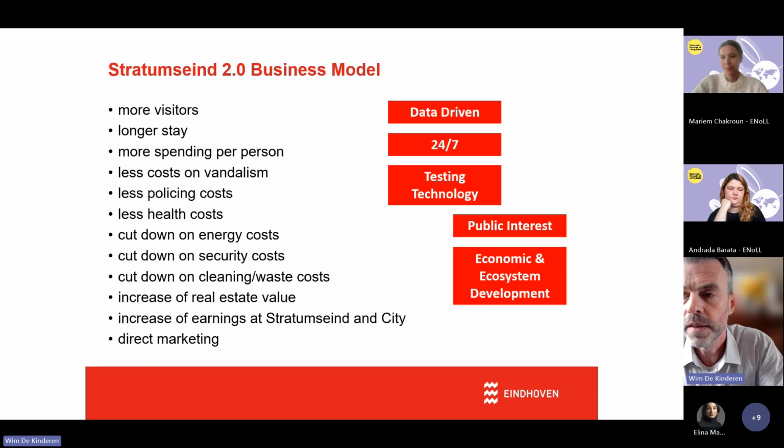We started very much, and continue to do so actually, by controlling is a bad word, but nudging behavior using sounds and lights. Eindhoven is very much Philips town, Philips lighting. So we have a number of companies that were developing smart cameras, etc., that they really tested in the city.